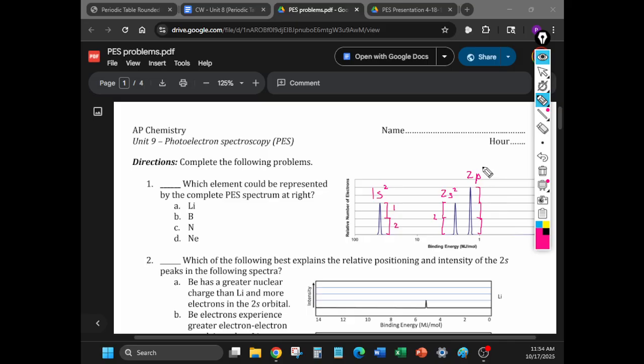So that means it's 2p3. If we look at the periodic table, 2p3 is nitrogen, and that's your answer. So first, identify how many peaks. Then identify the height of the peak. Using 1s and 2s, you can determine that there are 3 in 2p, and that gets you to nitrogen.